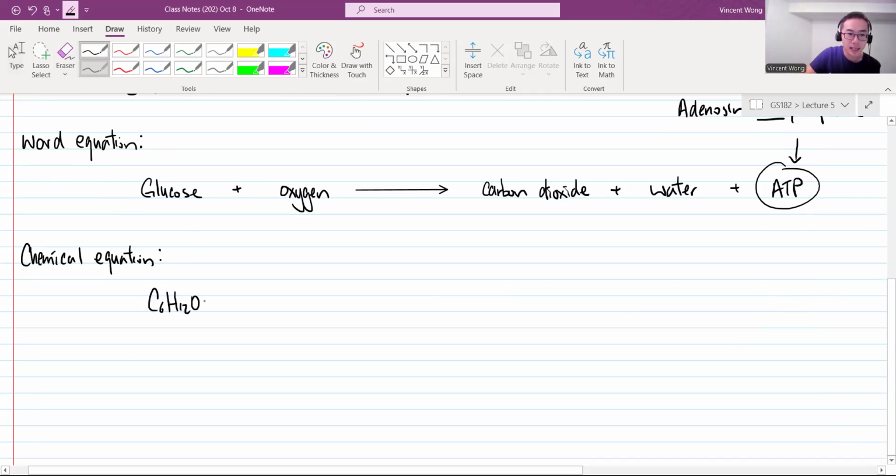Can you guys tell me whether you've learned balancing equations yet in chemistry? Does this sound familiar? Not yet. Okay, that's okay. I'm not going to ask you to balance it, but I'm going to tell you what that means.